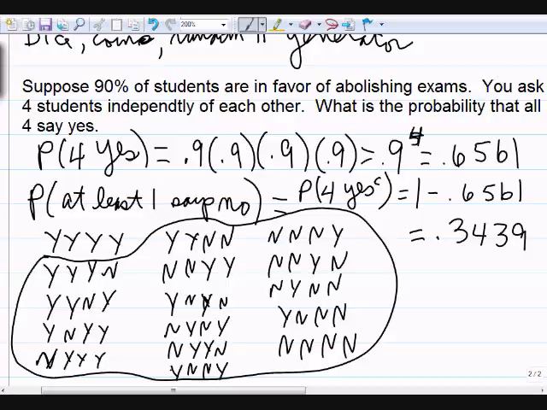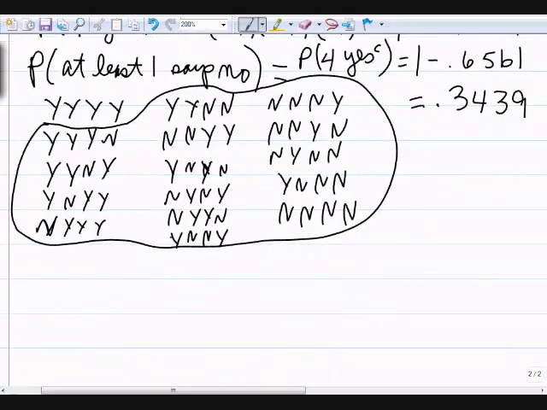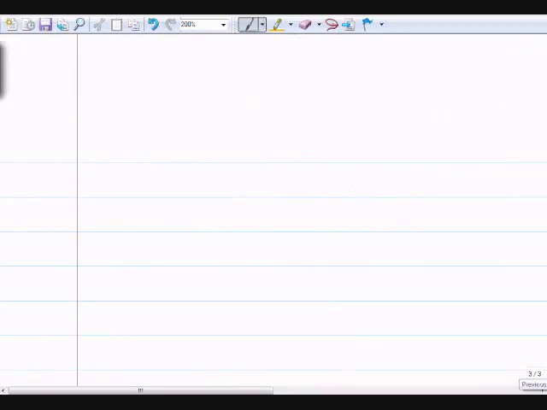Now we've got to handle dependent events. Okay? Ready? Dependent. So what events are dependent? All right.